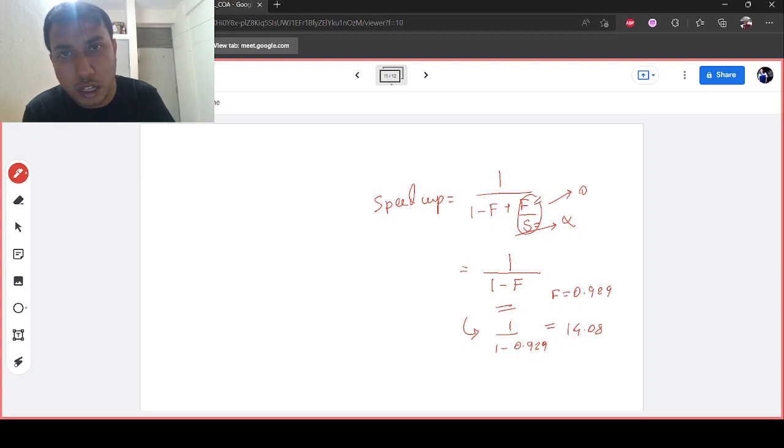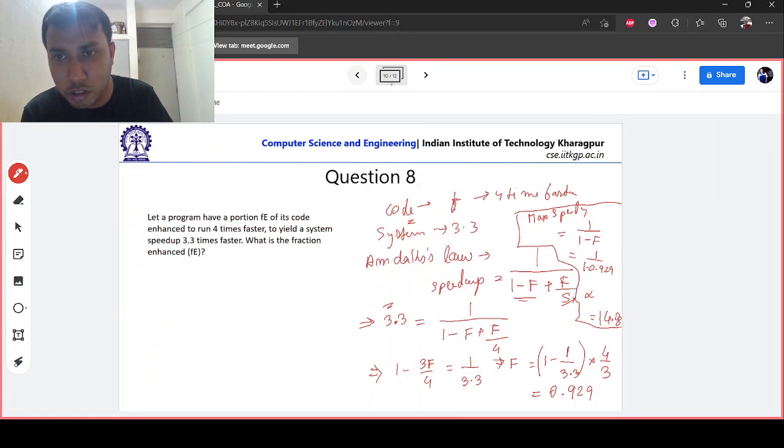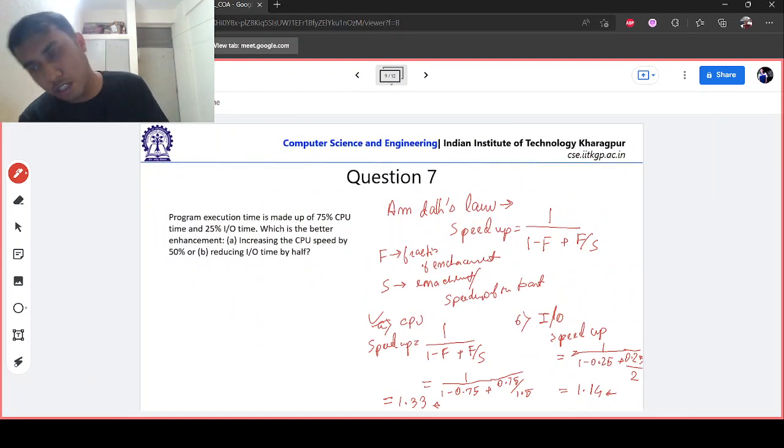Again, if we take this question, the program execution time is made up of 75% CPU and 25% other. Suppose the CPU speed increases by 50%.